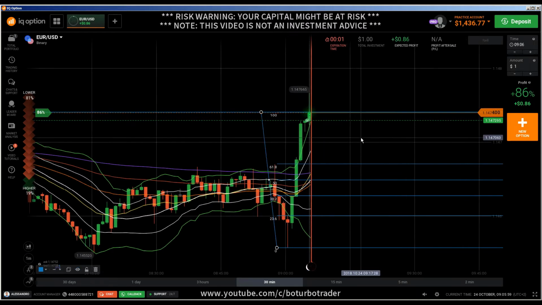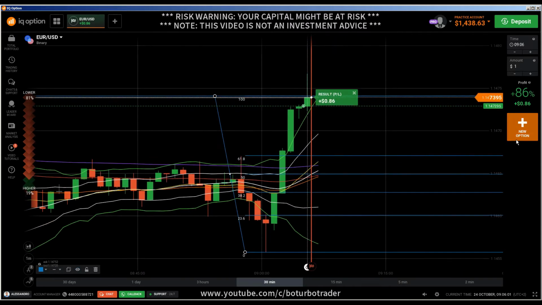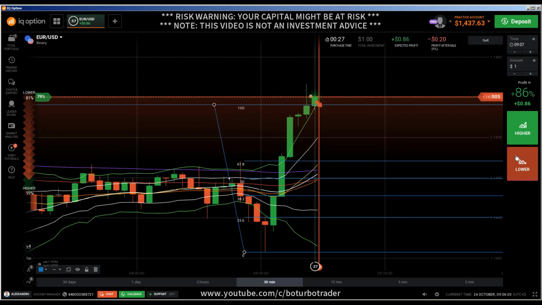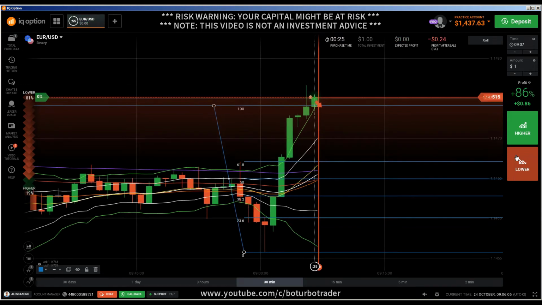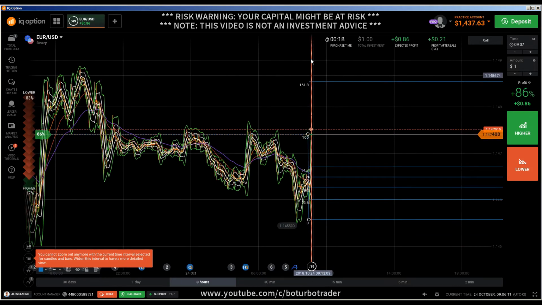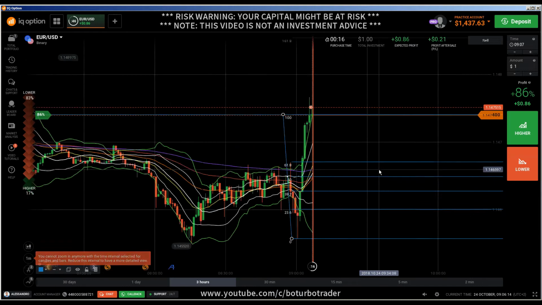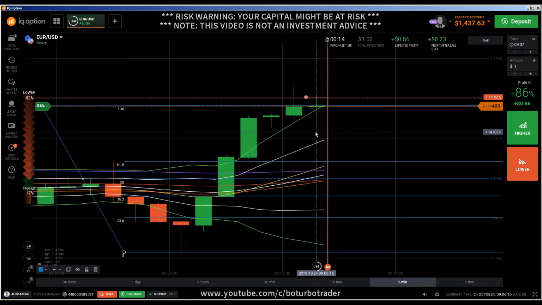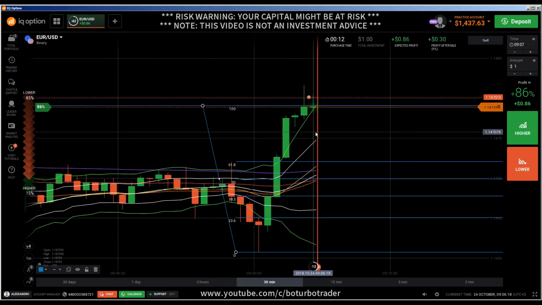If this will be a shooting star, I will enter. Yes, this is a shooting star, I will enter into a put, because I'm sure that price will not move up further, that we are not going to touch this level here. Look at this 161.8 Fibonacci level, and that's the reason why I entered immediately into a put, because I have explained this so often.